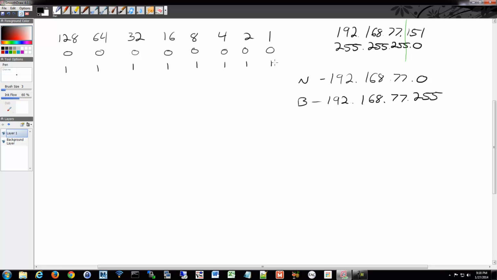If I go 1 less, if I turn my 1 bit to 0, but I leave all the others turned on to 1, so if I go 1 less than the broadcast, that's going to be my last usable host. So my last usable host address is this.